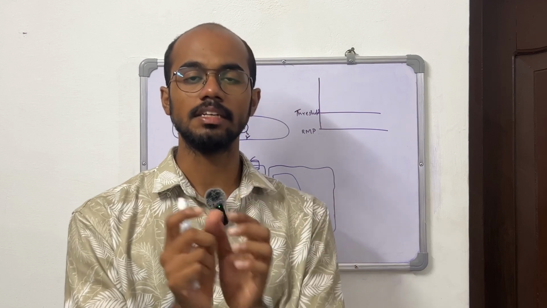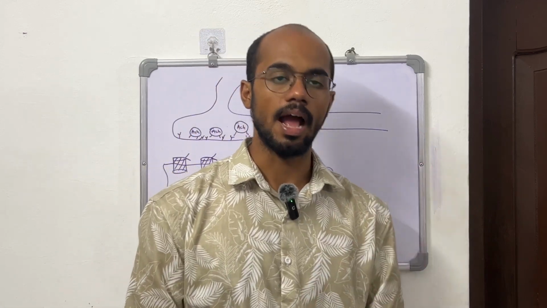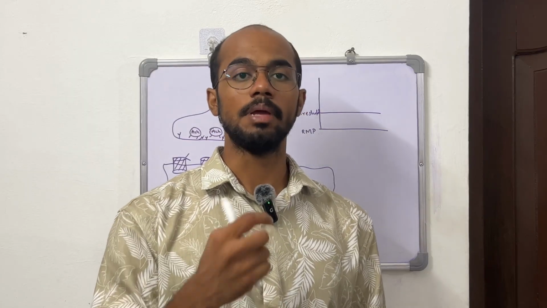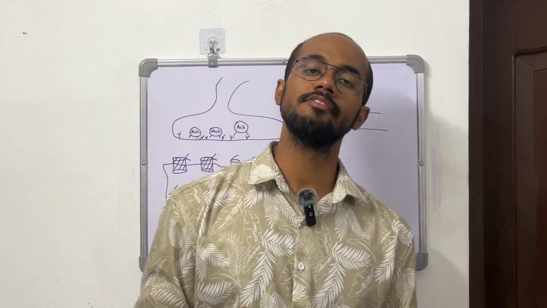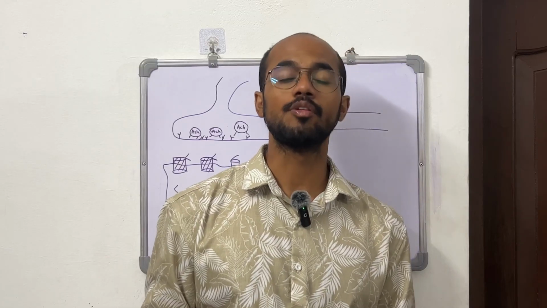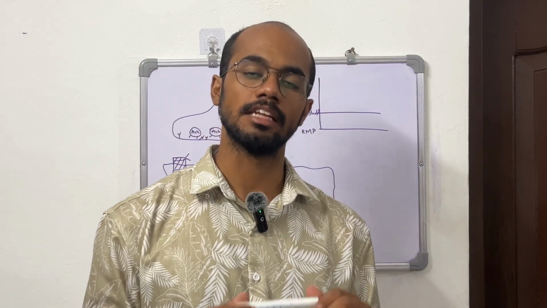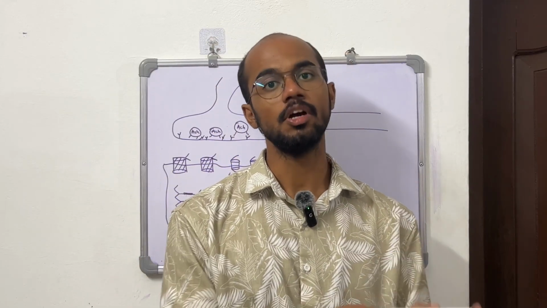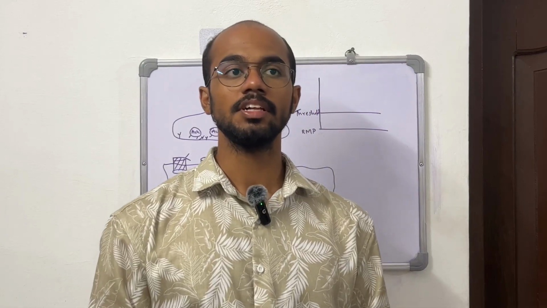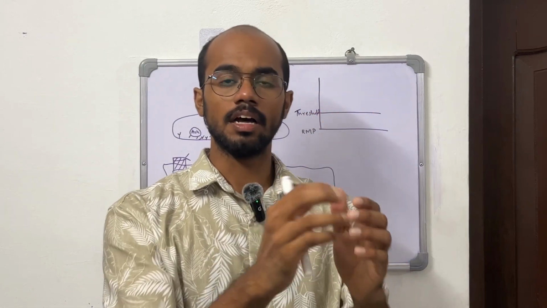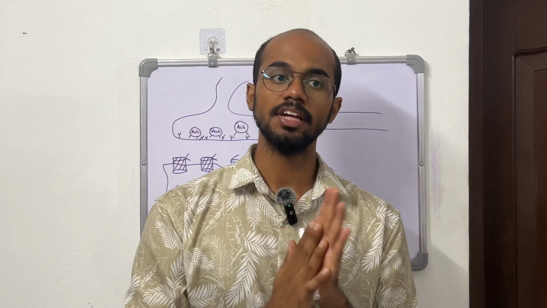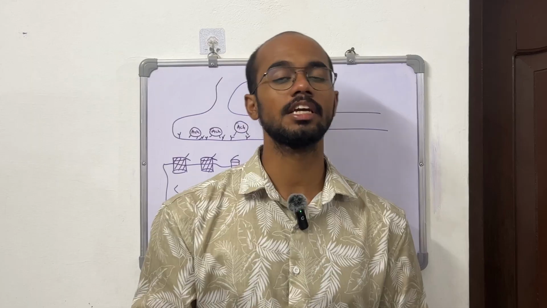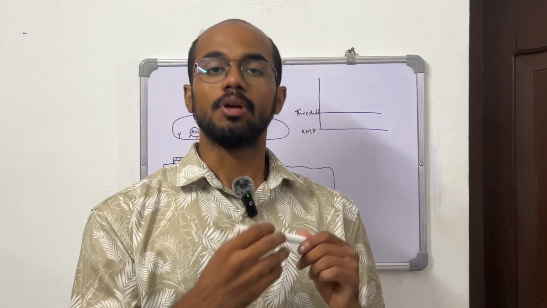The voltage gated sodium channels open up and cause a large amount of sodium influx, thus leading to the cell being more and more positive, and the cell will eventually try to reach its equilibrium potential. But before it can attain that equilibrium potential, what happens? The inactivation gates of those voltage gated sodium channels close, and now, due to the action of the leaky potassium channels and the voltage gated potassium channels, which close much slower than the voltage gated sodium channels, potassium starts to leak out.